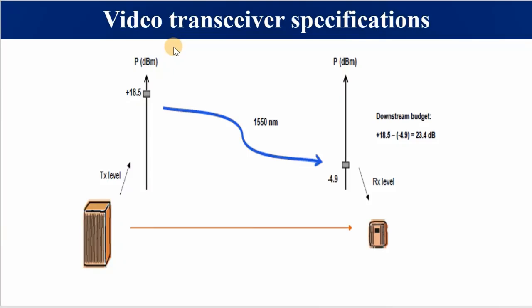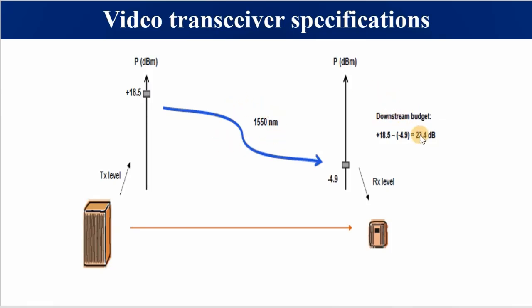All along, we have been discussing 1310 nanometers in the upstream direction and 1490 nanometers in the downstream direction. Now we are going to discuss a video transceiver, and this transmits at 18.5 dBm. That's the transmit level, and the minimum receive level is fixed at minus 1.4 dBm, and there is no loss due to fiber per kilometer.